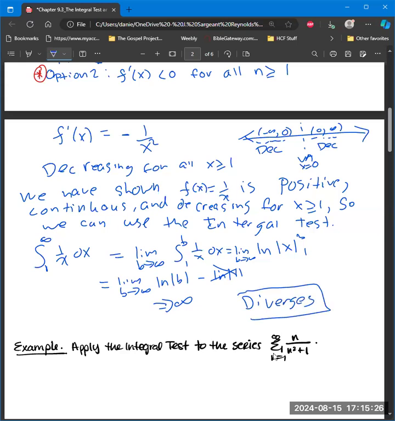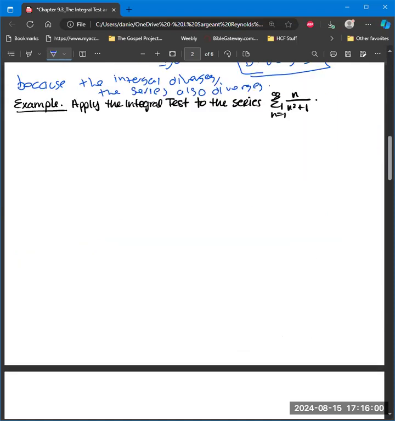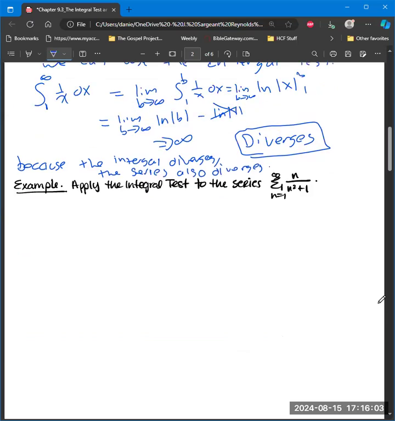And because the integral diverges, the series also diverges by the integral test.